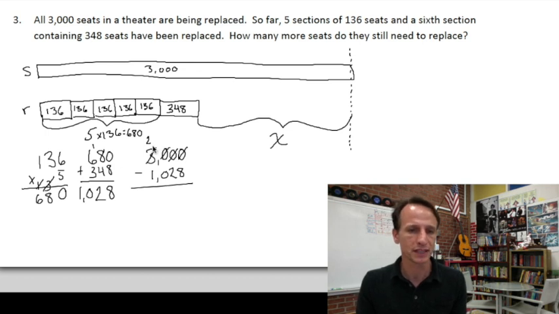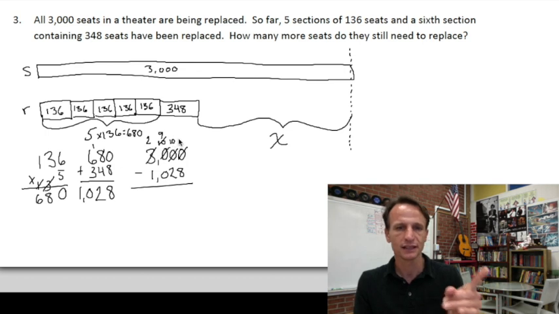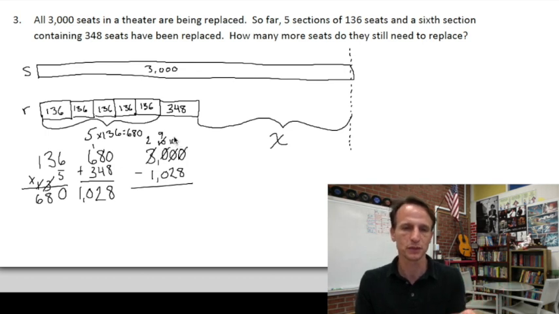And I bring that 1,000 over to the hundreds place as 10 hundreds. That still doesn't help me down here, so I'm going to leave 9 of those hundreds there and bring 100 over to the tens place as 10 tens. That still doesn't help me in the ones place, so I'm going to leave 9 of those tens there and bring 10 over to the ones place as 10.